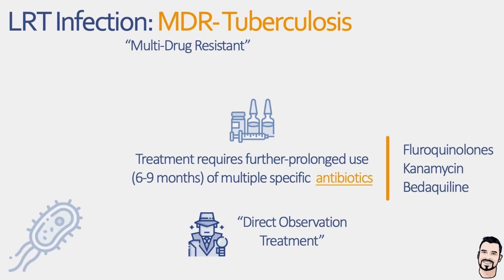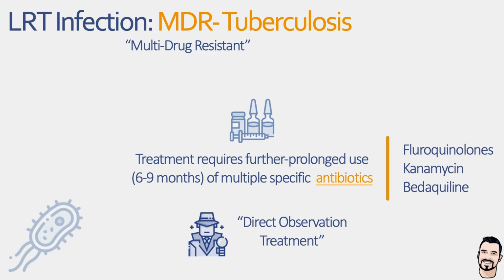The antibiotics are administered by a healthcare worker to ensure compliance. Now, unfortunately, there are some instances of extensively drug-resistant tuberculosis, and in these instances, bespoke antibiotic cocktails are prescribed.